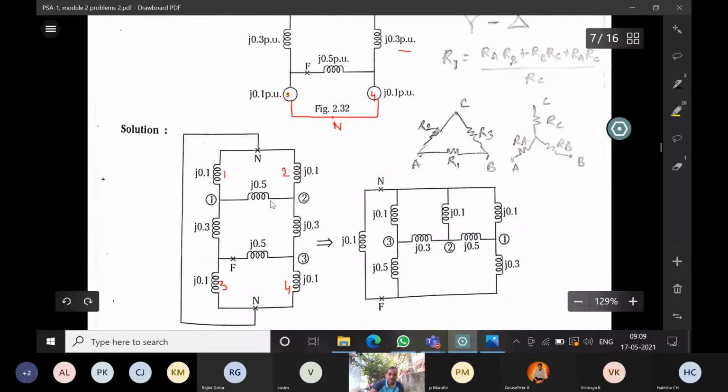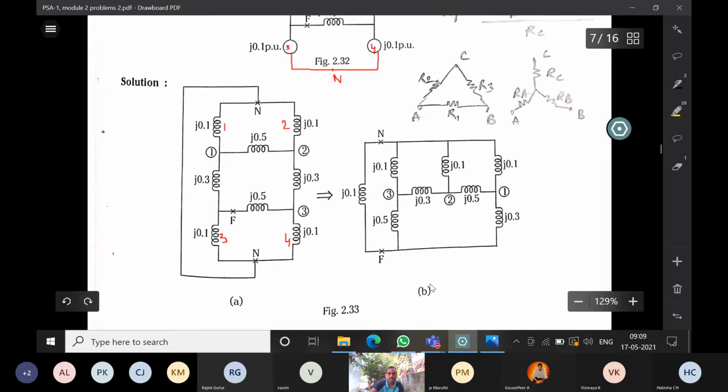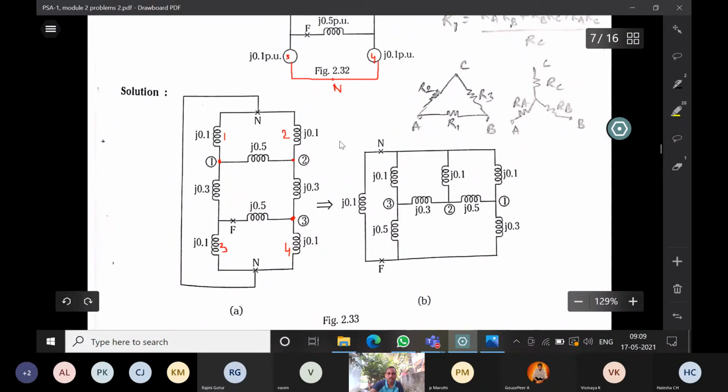So now again you modify the circuit. So make it as nodes. So node 1, this is node 2, and this is node 3, and the neutral node is there, and the fault is here, that is given.